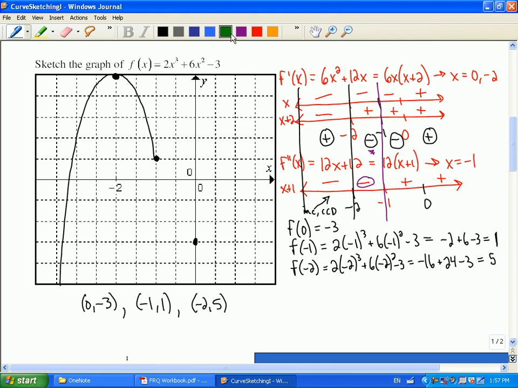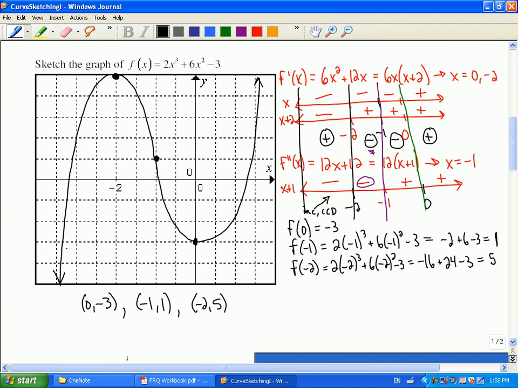And then we'll cut one more interval here. What's happening in that next one? Decreasing, concave up. So that'll look like this, going down, but it's now concave up. And then the last thing that's left over, everything larger than 0, what's happening there? Increasing and concave up. So the picture will look like this.